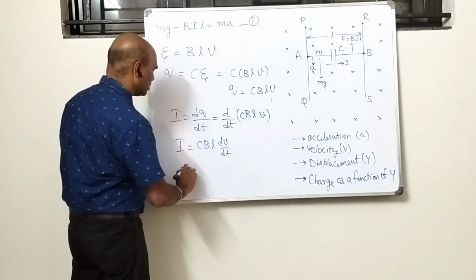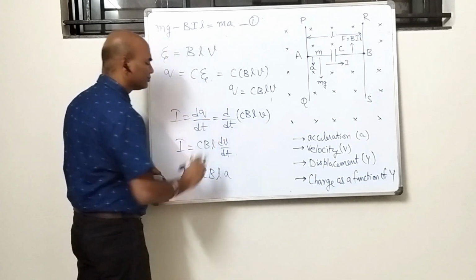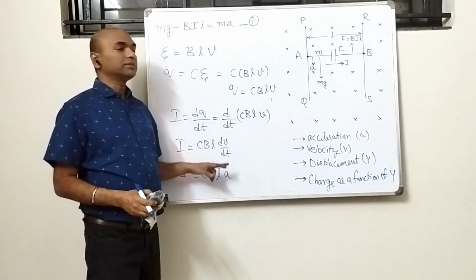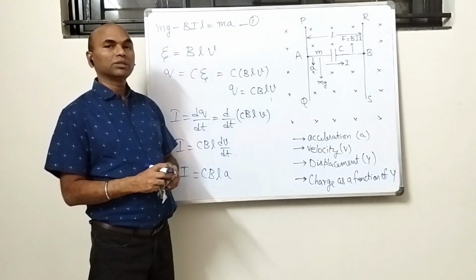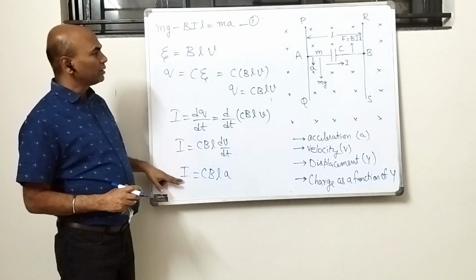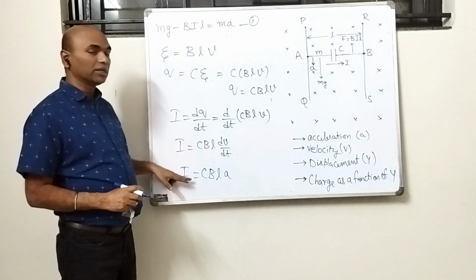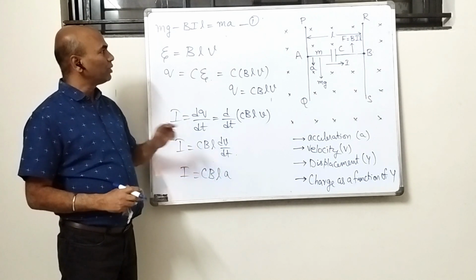It is nothing but the current becoming CBL into a. Here a is the acceleration with which it is moving. So I got the induced current expressed in terms of the acceleration as I is equal to CBL into a.